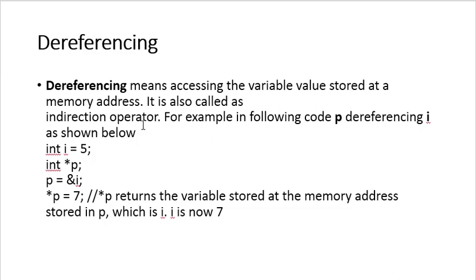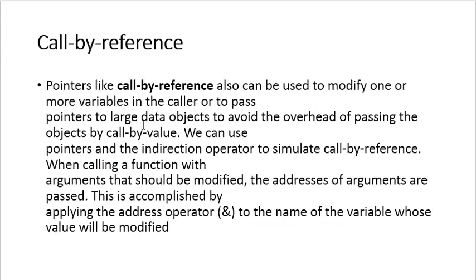This means that first the value of i is 5, but then we assign the memory location of i to the pointer P, and then we assign through the pointer P a value 7. So this is the method of changing the value of any variable with the help of dereferencing.